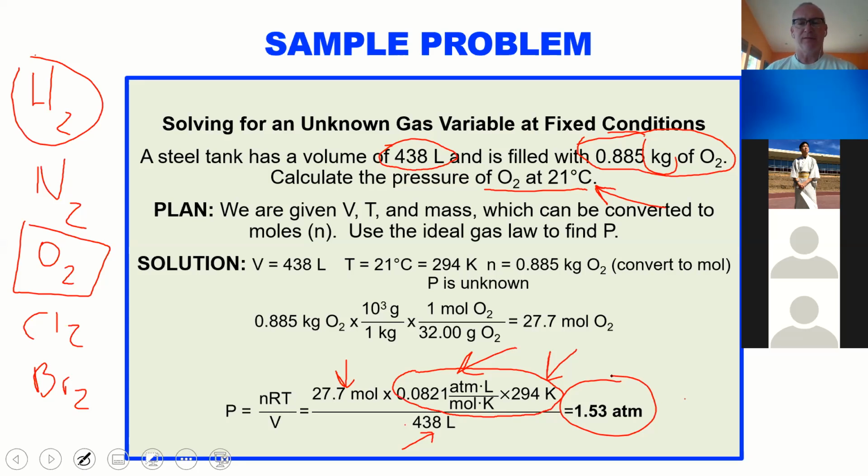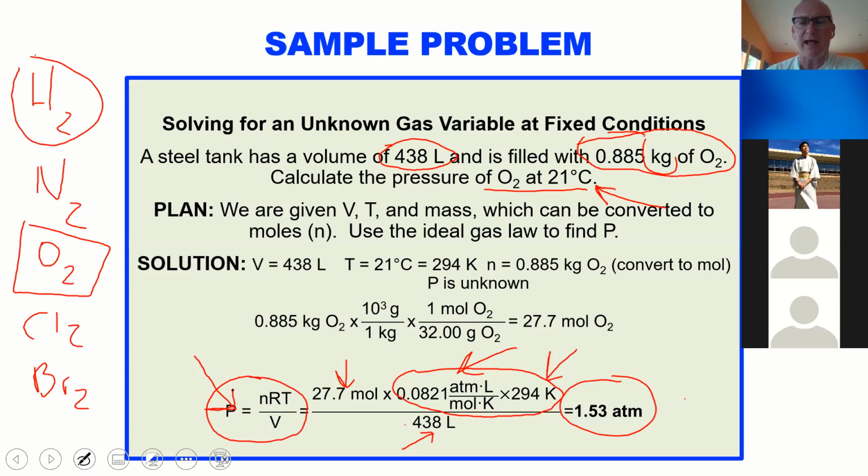For these sorts of questions, it's pretty much all just manipulating PV = nRT. If you need to solve for P, V, n, or T, it's just a matter of moving everything that's known to one side and everything that's unknown to the other side and doing the calculation.